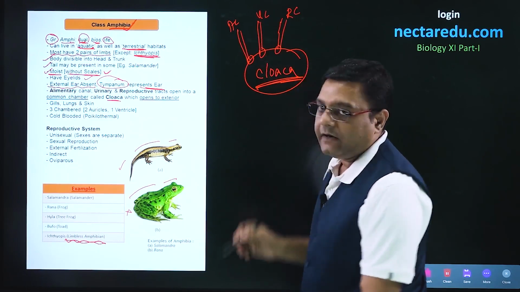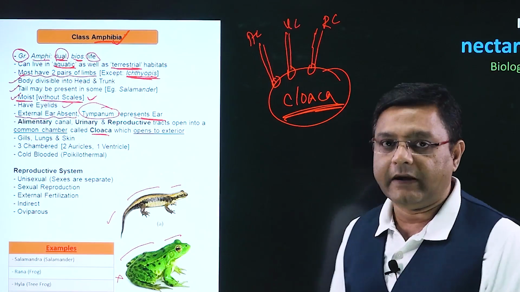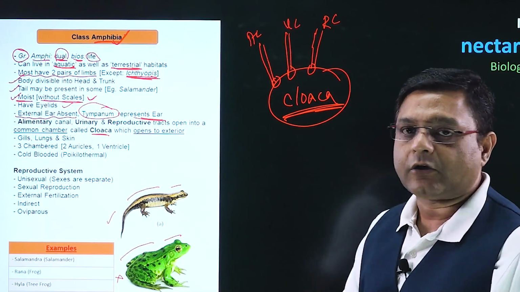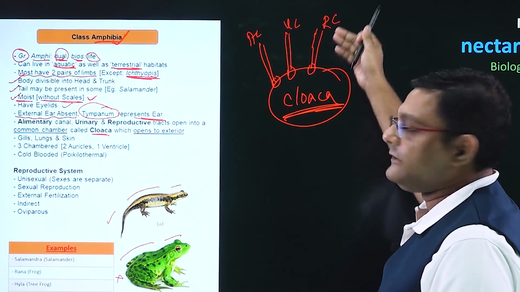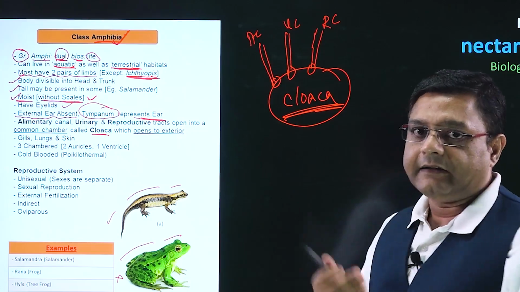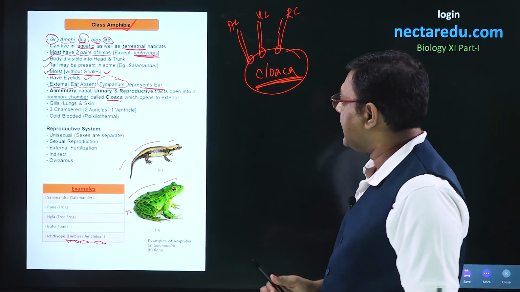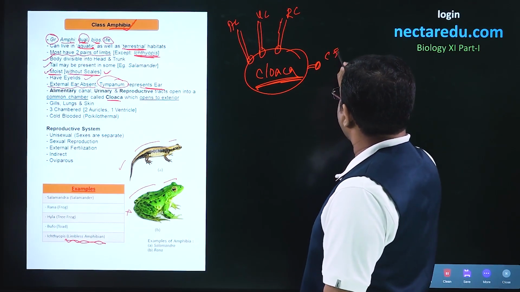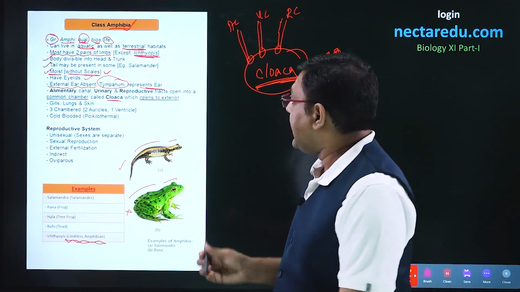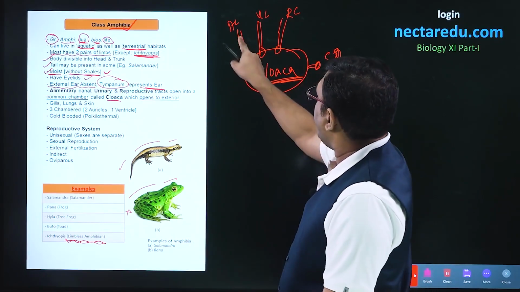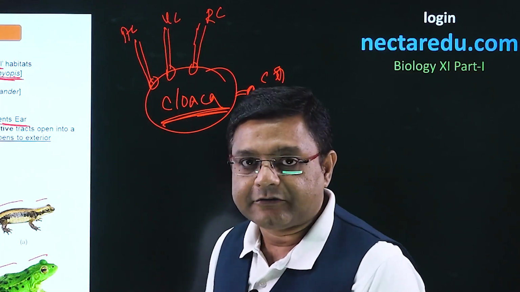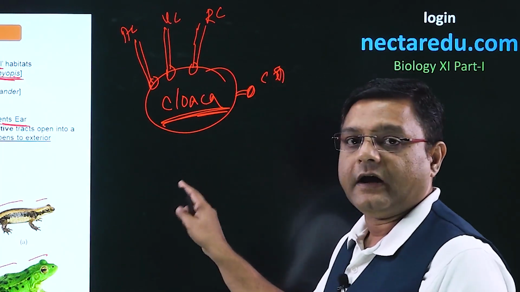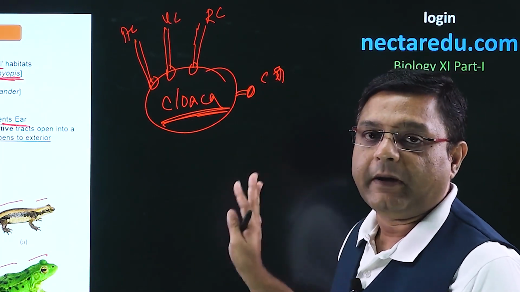So, the alimentary canal will be bringing fecal matter into the cloaca, the urinary canal will be bringing urine into the cloaca, and the reproductive or genital canal will be bringing either sperms or ova into this cloaca, and after this the cloaca will open externally by the cloacal aperture. So, we can say that in the case of amphibians, all these three canals or tracts do not open externally, they open internally into the cloaca, and the cloaca opens externally by the cloacal aperture.